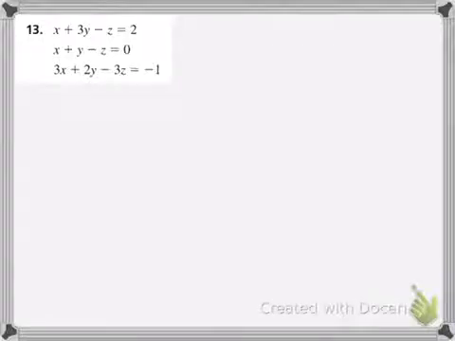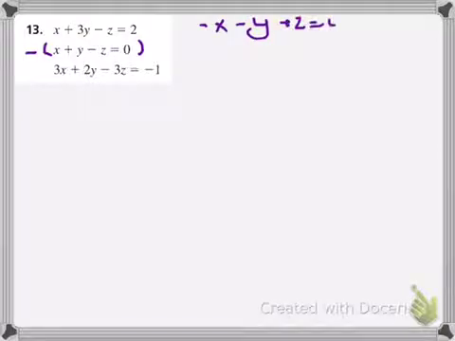Here's number 13 on 1.4. And what I want to start with is let's go ahead and eliminate our x's first. So on the second equation, I'm going to go ahead and multiply it by a negative. So that will become negative x minus y plus z equals 0.